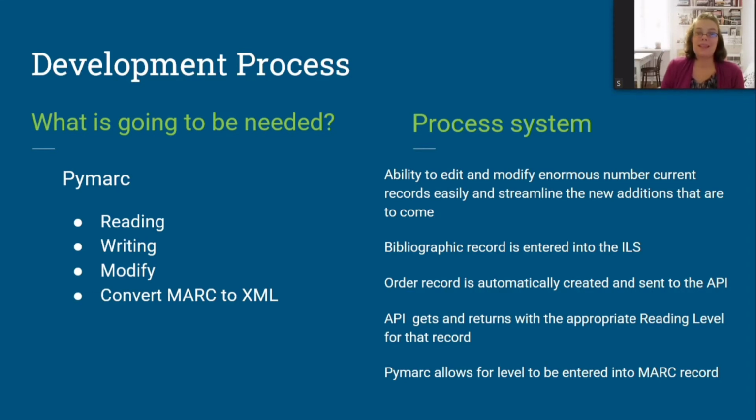We will need it to convert the MARC records because the API will need it in XML format to search the vendors. Not everything is MARC record anymore when you get outside of the library system. So being able to convert it will make the process go a little bit smoother.